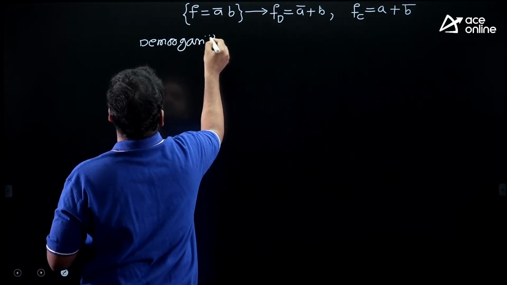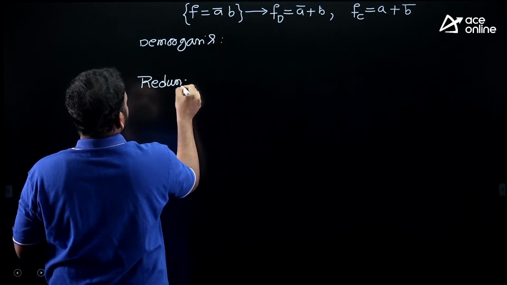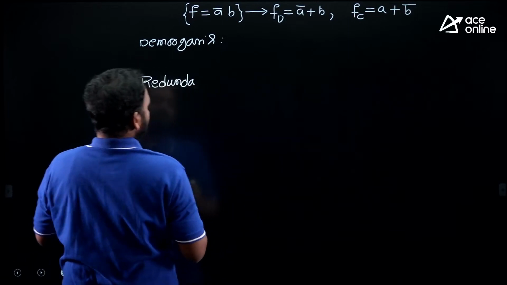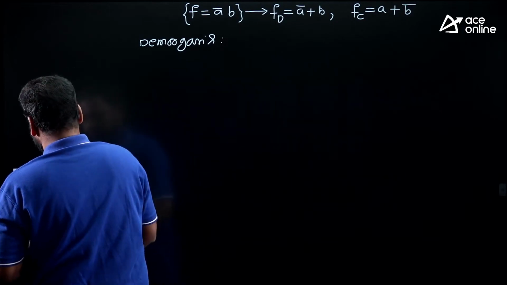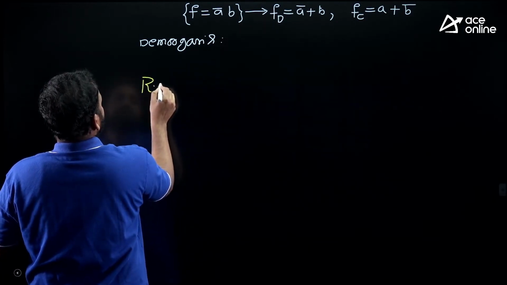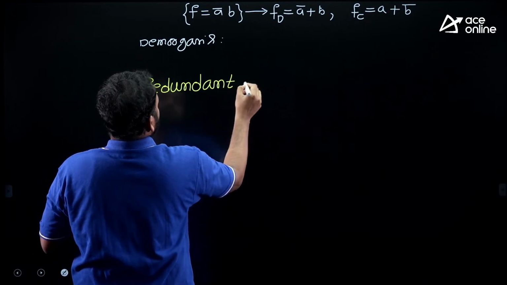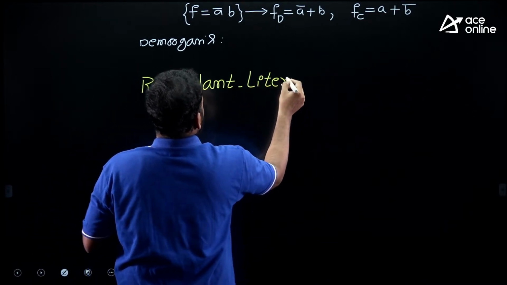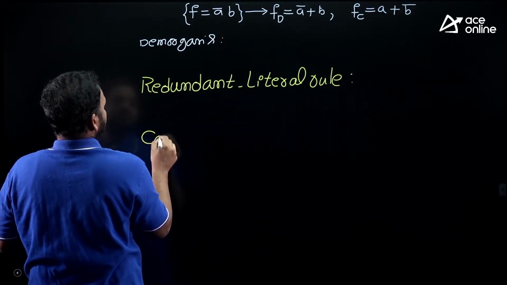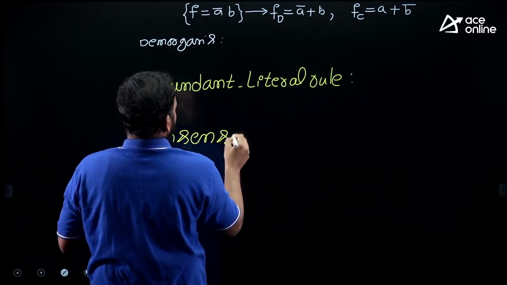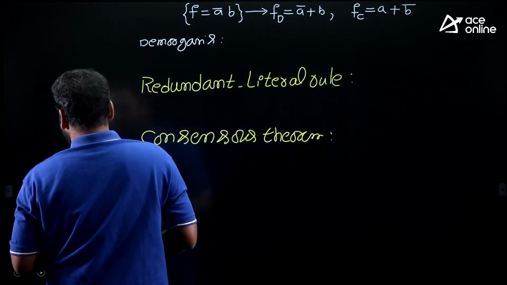De Morgan's theorem, redundant literal rule, and consensus theorem. These are very, very important.